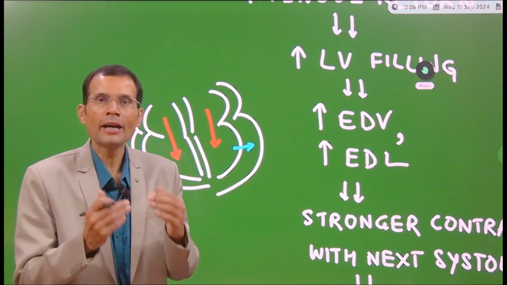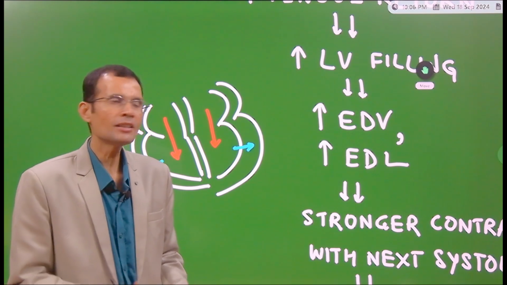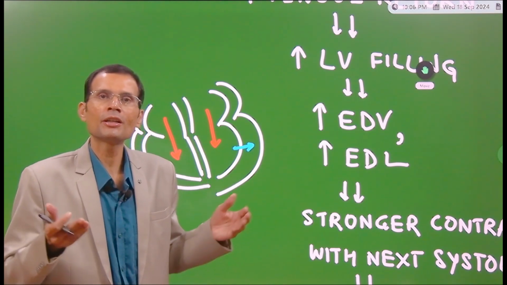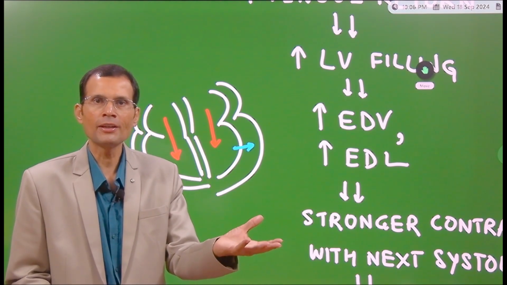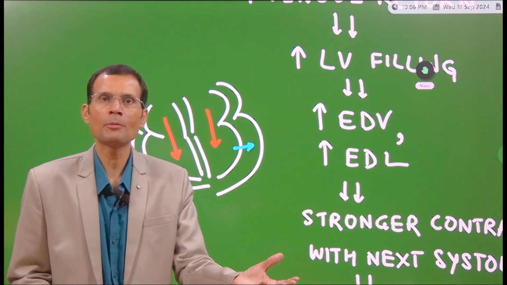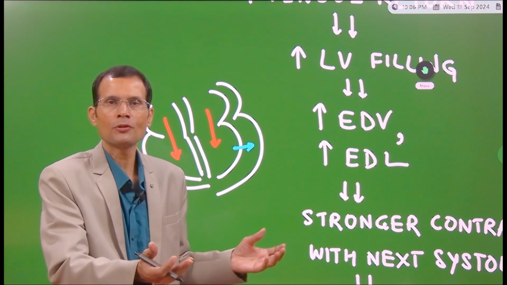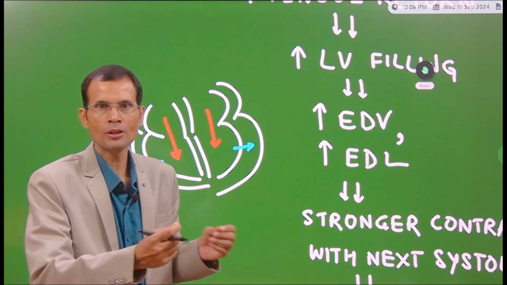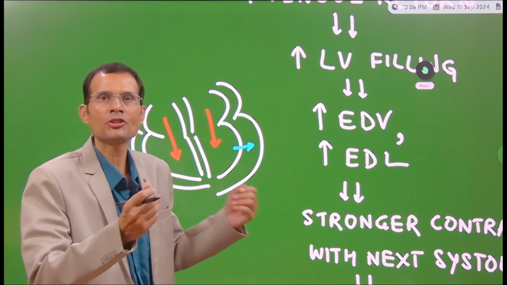So more the end diastolic volume means more is the end diastolic length. More blood filled, ventricle was expanded more and more during diastole. So by the end of the diastole, ventricular muscle fiber length will be that much greater.